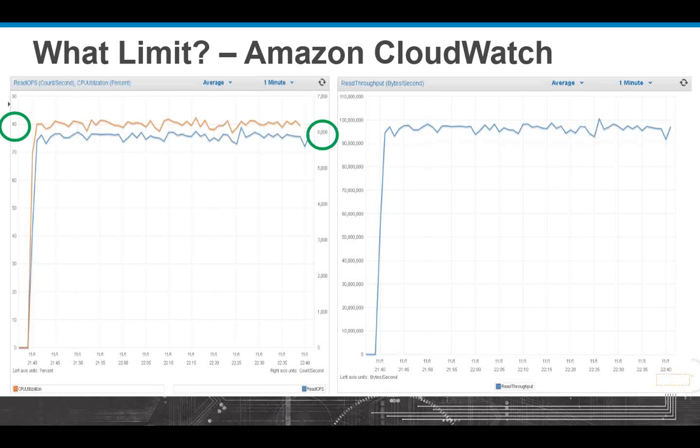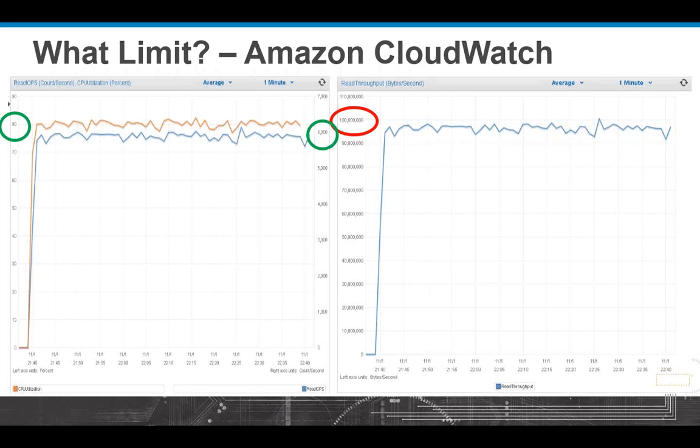It's hovering around 1,000 Mbps, or 100 megabytes per second. This is the bandwidth limit of the communication between the RDS instance and EBS. Each of the RDS instance types offers different levels of bandwidth towards EBS. We're going to talk a little bit more about that, but this is something to keep in mind: the channel bandwidth limitations.